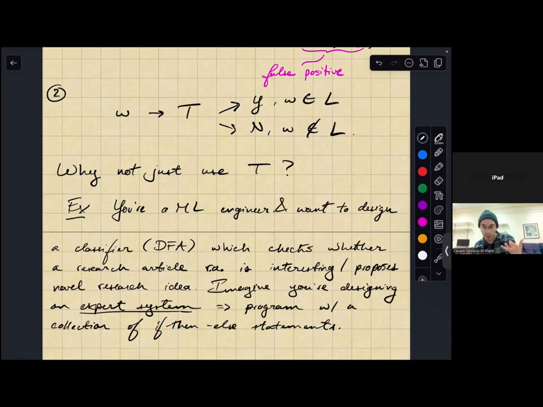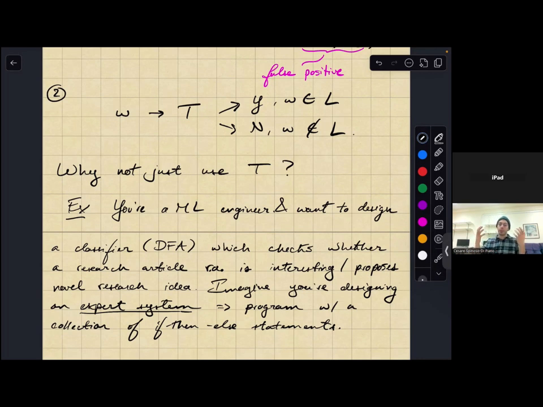So how might one design those kinds of rules? You might say, well, does the method section mention any new buzzwords? Does it mention something that hasn't been seen in previous literature? Something along those lines, right? Some of these rules would be hard coded by the machine learning engineer. Well, this is a difficult task inherently, right?